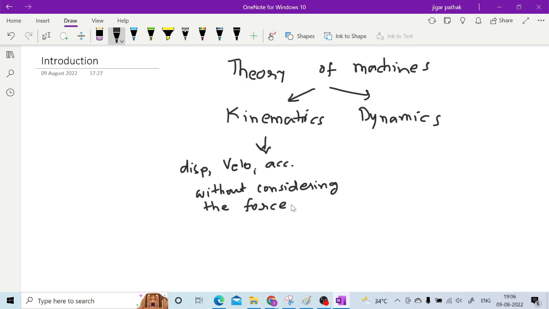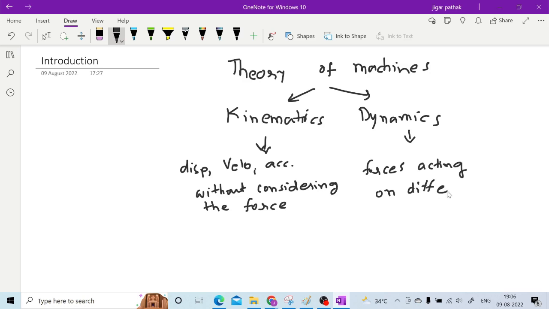So in kinematics of machines, you must have studied the displacement, velocity, and acceleration diagrams. Then you must have studied cams, right? Whenever you are studying all this, you are not considering the forces which have generated the motion in these machine elements. While when you go for dynamics, you will study the forces which are acting on different machine elements, right?